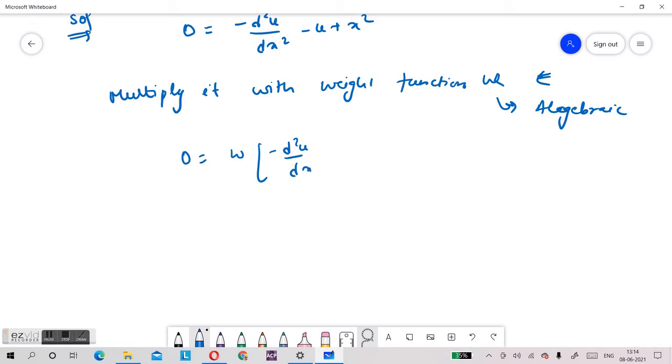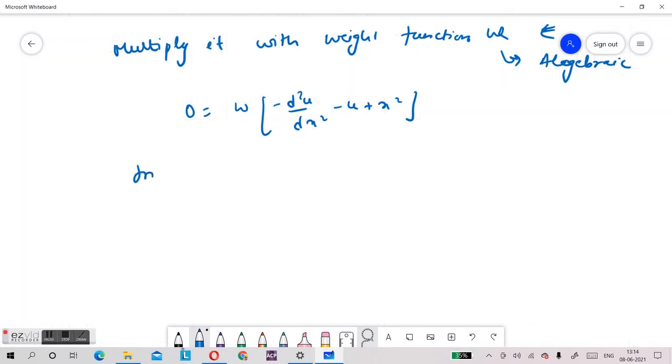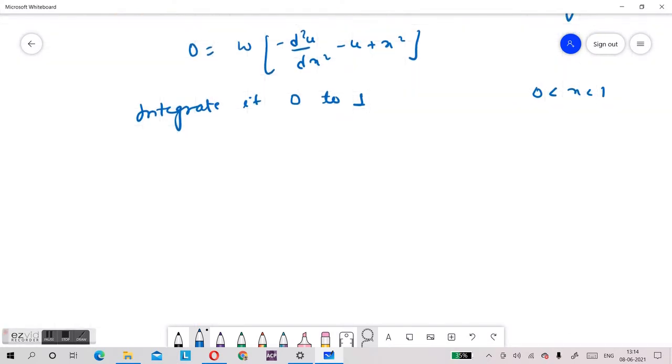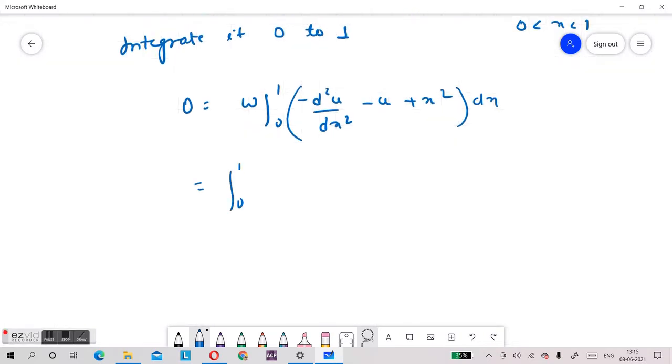Now integrate it between 0 to 1 because the limit of x will be 0 to 1. So this will look like this. What we do is take these terms separately.